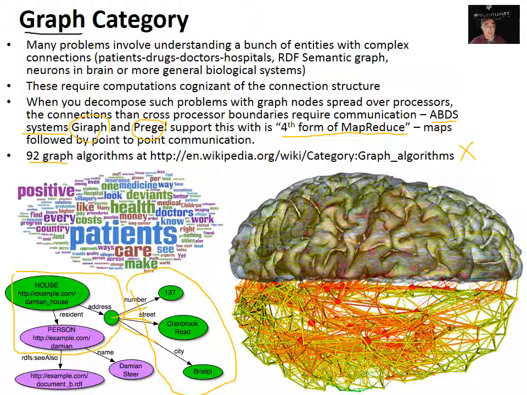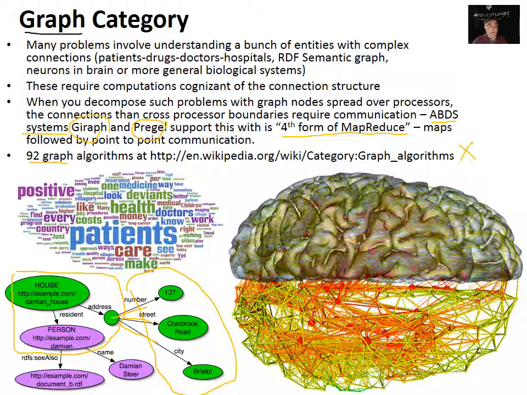And that will turn out, when you implement the algorithm, into a communication between these two processes, because this particular node here will need to know the properties of that node to update the state of this node, and so on. So communication is related to links that cross processor boundaries.